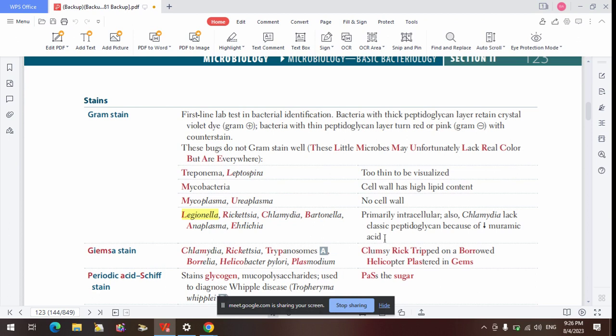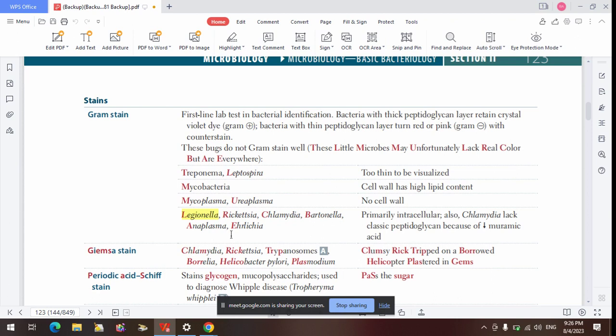Lastly, we have these guys: Legionella, Rickettsia, Chlamydia, Bartonella, Anaplasma, Ehrlichia. I think I have an acronym, and it is CABLE, if you want to remember it. To be honest, it's not actually very important. The important ones here are Chlamydia, Rickettsia, and Legionella.